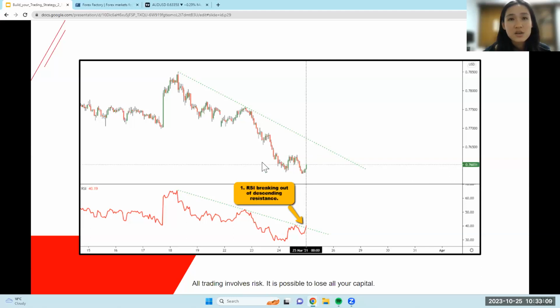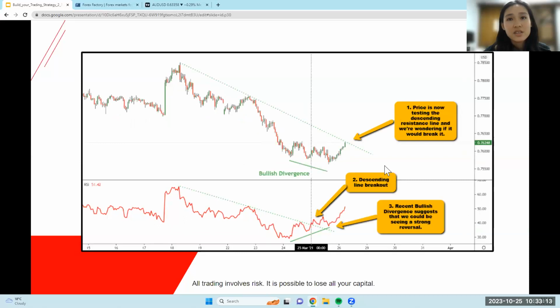We're expecting this price to continue to rise and break out of this descending trend line. Now we see over here that there is also bullish divergence. Bullish divergence is basically the opposite of bearish divergence. So on our price chart, price is making a lower low, and on our RSI, it's making a higher low.